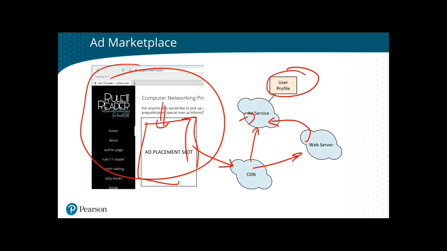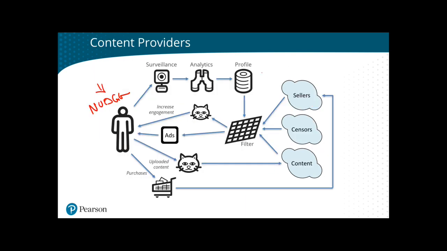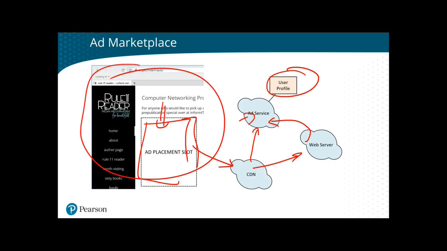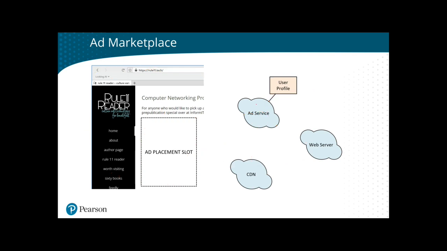The ad service then grabs this user profile that's been created by content providers and other people by doing surveillance and analytics on you as a person, and they try to find a user or a class of users that would be interested in this ad. The ad service injects that ad to the web server, where it is then posted into the website itself.